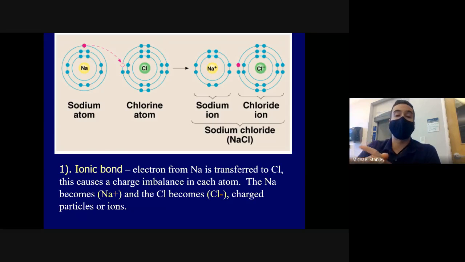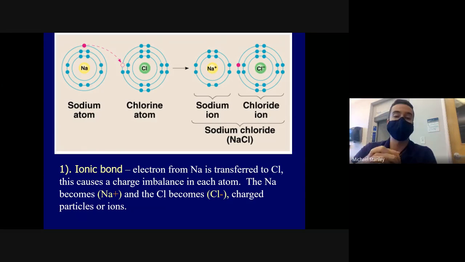Not only do the atoms now have 8 outer shell electrons, sodium has 8 on its second shell, chlorine has 8 on its third shell, so they're happy that way. But now the atoms are bonded together because of that attraction between the positive and negative charges. So ionic bonds, we're transferring electrons, and then the new atoms are attracted to each other.